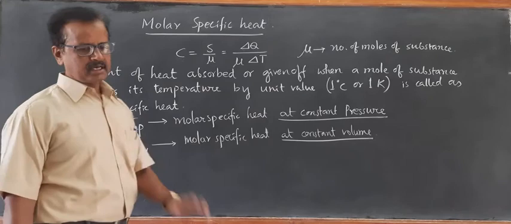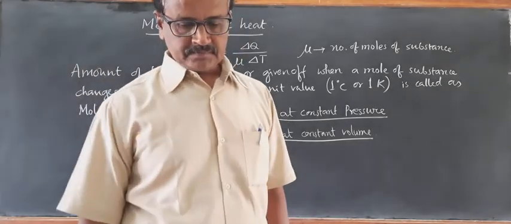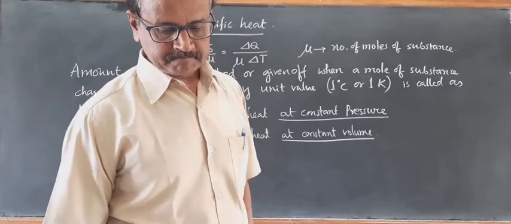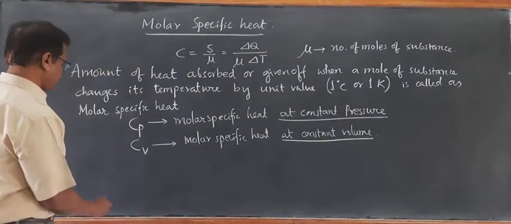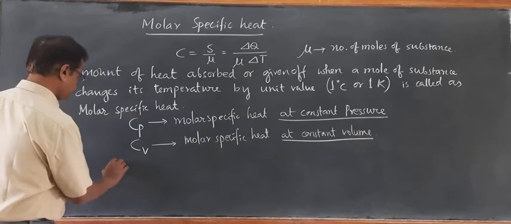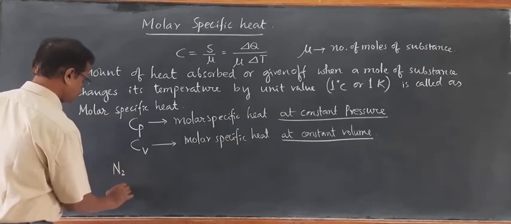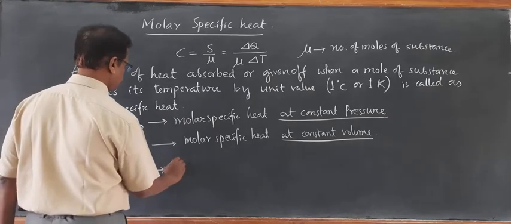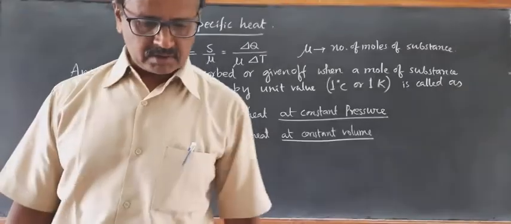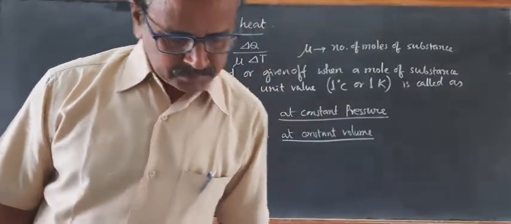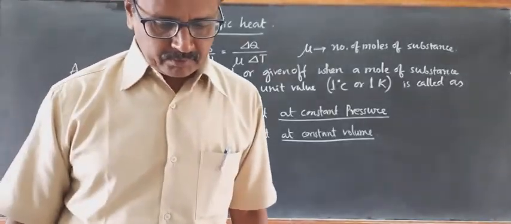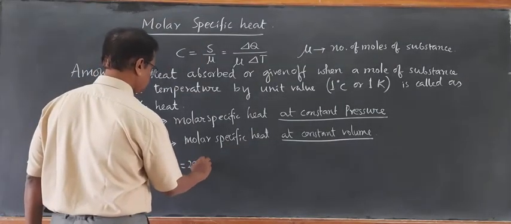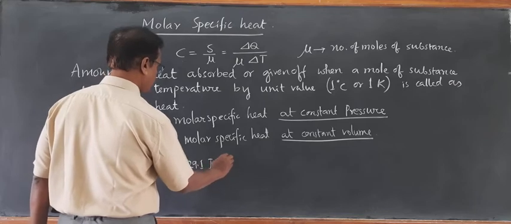Just to take some examples, consider nitrogen and oxygen. Molar specific heats of nitrogen and oxygen. First I am writing Cp, molar specific heat at constant pressure. For nitrogen, it is 29.1 joule per mole per Kelvin.